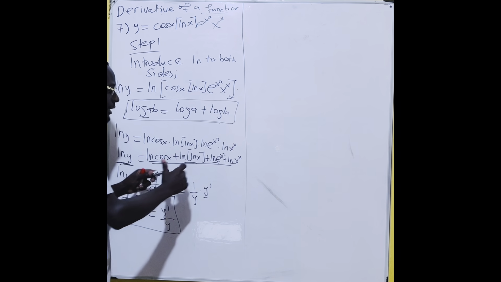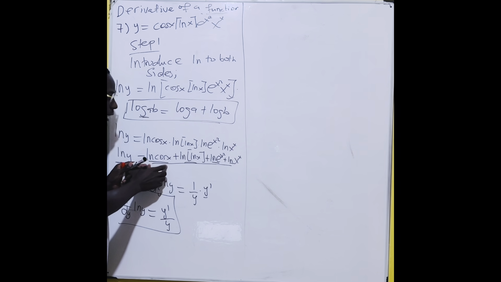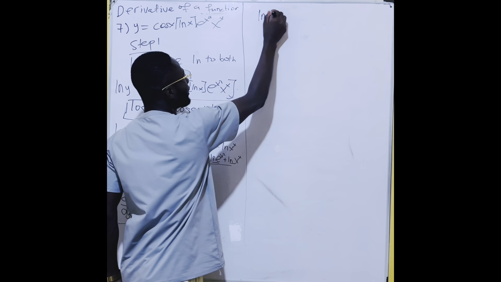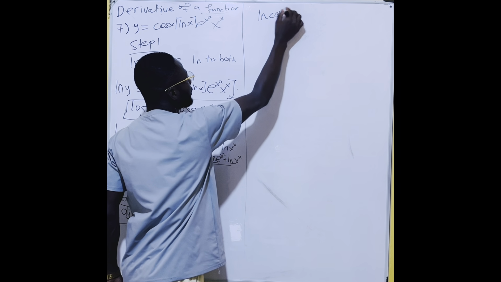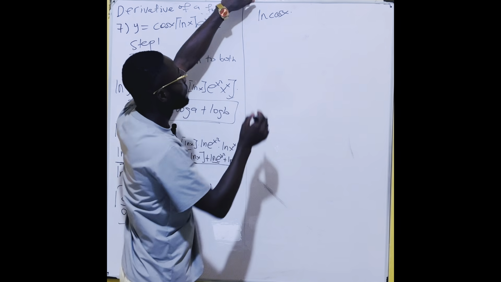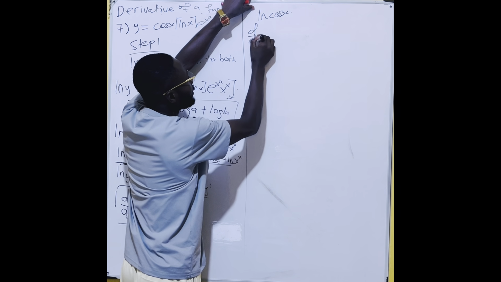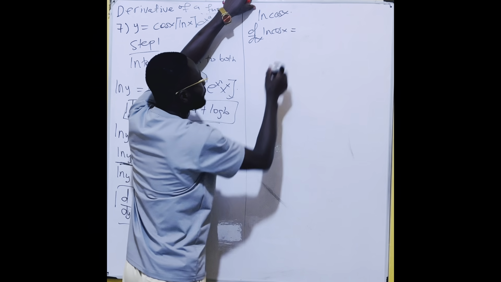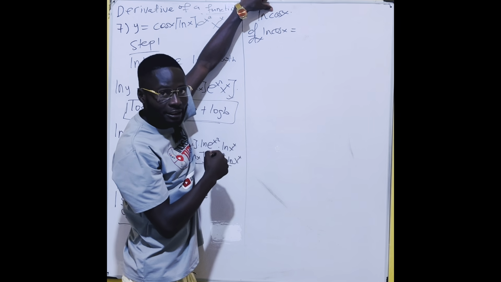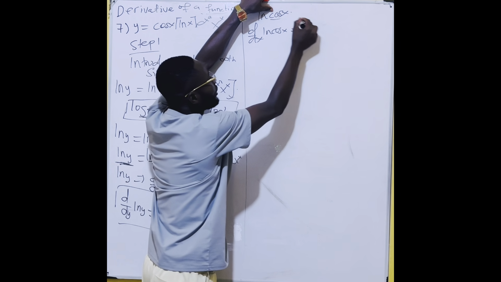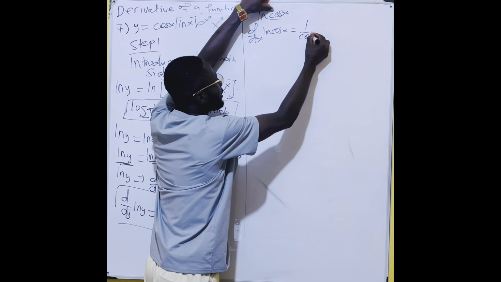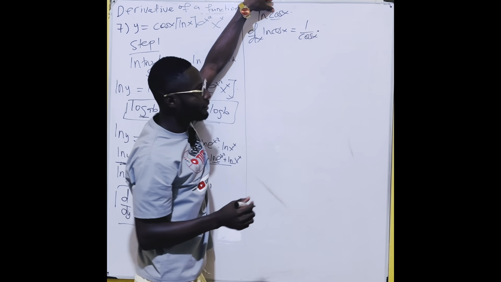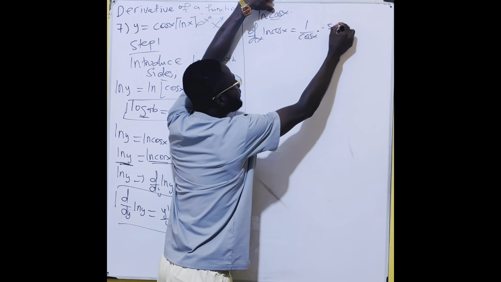So we come to the right hand side and pick it one after the other. So we're going to start with ln cos x, right? So we differentiate ln cos x, and we're applying the same properties. We take 1 over the function inside the ln times derivative of cos x, and that is negative sine x.